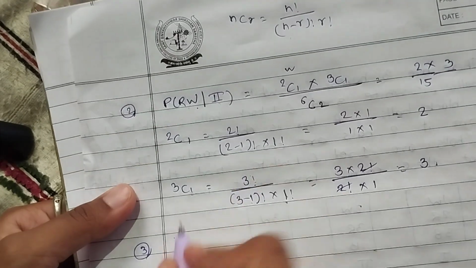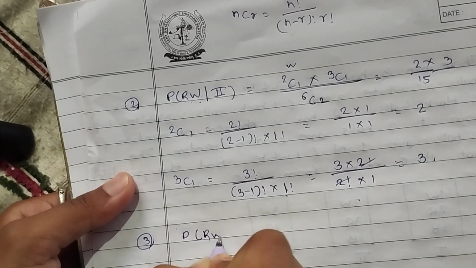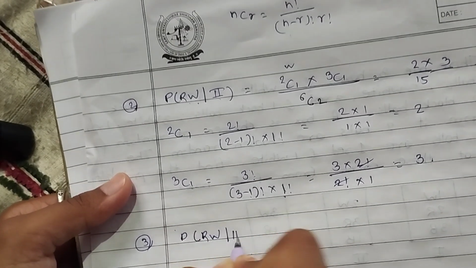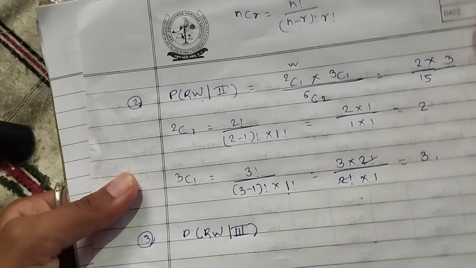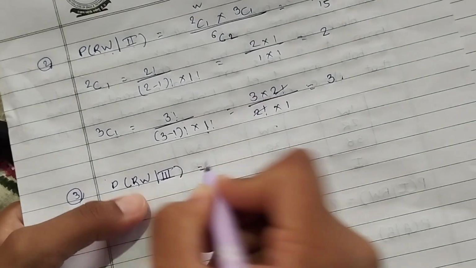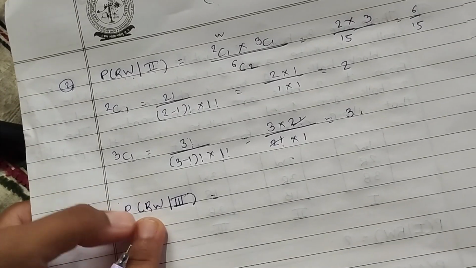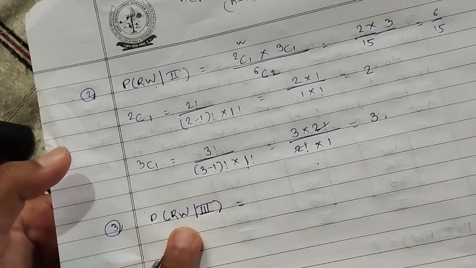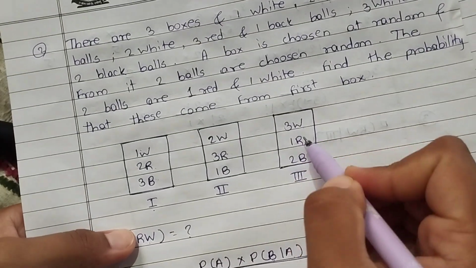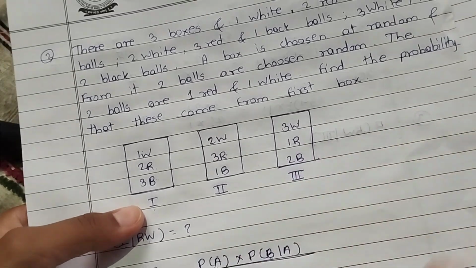Now the third one. Same way, we find the probability of a red and white ball with respect to the third box. We see the balls present in the third box: 3 white balls and 1 red ball.